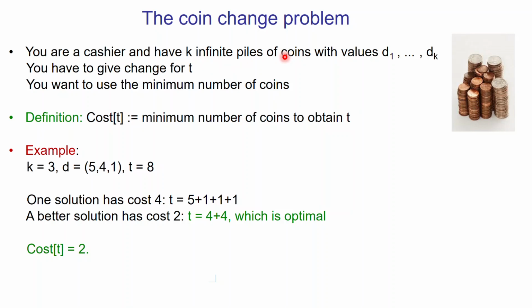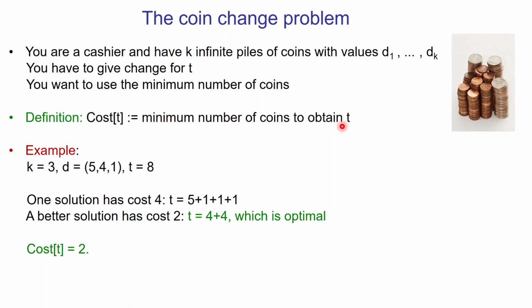You have to give change for some value t. And naturally, you want to be a nice cashier, so you want to use the minimum number of coins. So we can define the cost of t to be the minimum number of coins to obtain the value t.